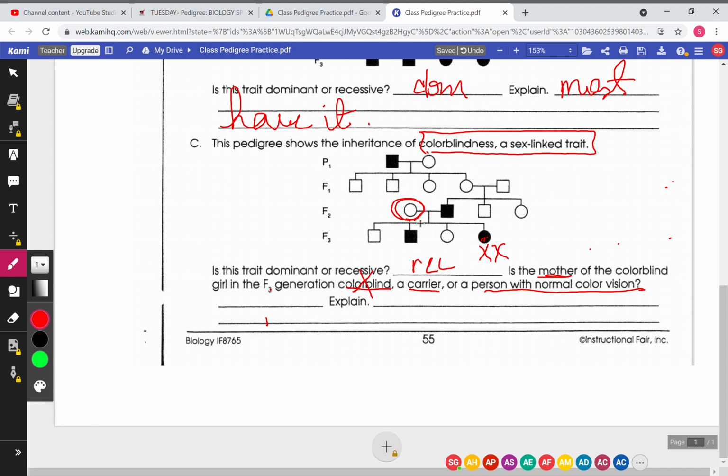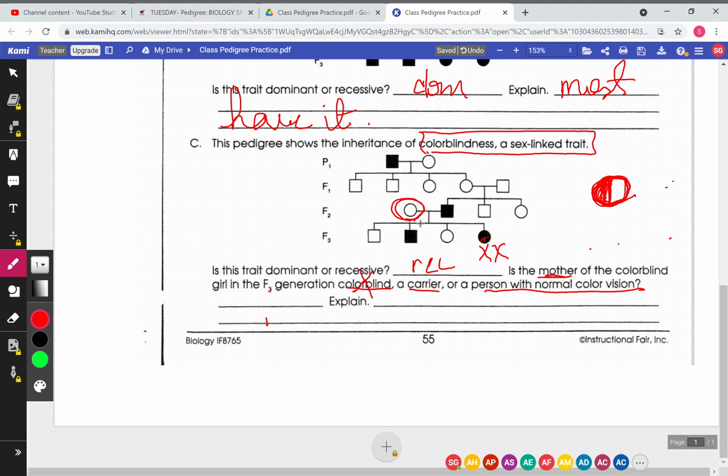She's not a carrier. Wait, do we know that? Because some of the pedigrees may not show you their carriers, that they're half filled in. Some trick you and make you think about it instead of giving you that half filled in circle. So we need to look at that again. Or does she have normal color vision?